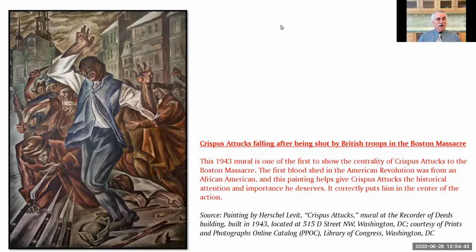The first blood shed in the American Revolution was from an African American. And this painting helps give Crispus Attucks the historical attention and importance he deserves. It correctly puts him in the center of the action. And you can see that he's front and center with the bayonets and the guns pointed directly at him.